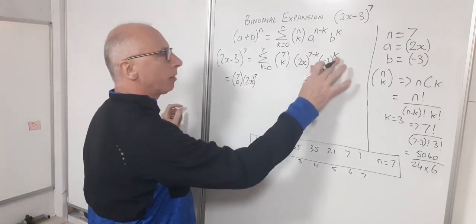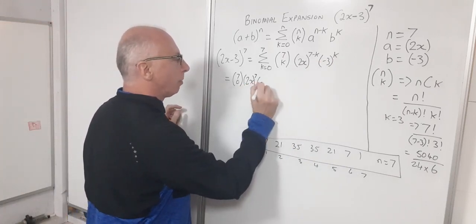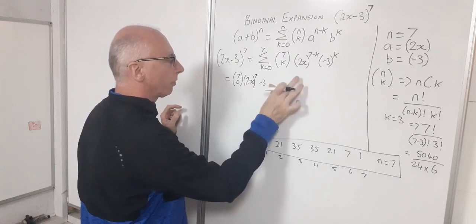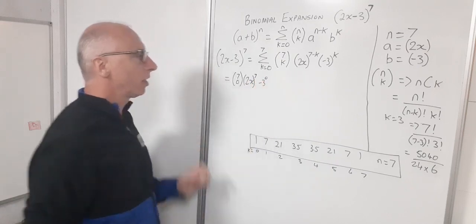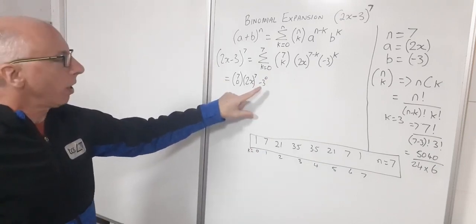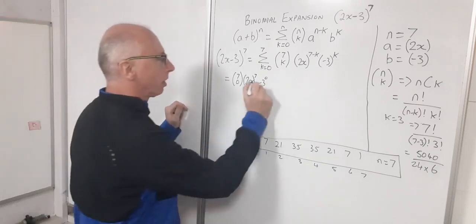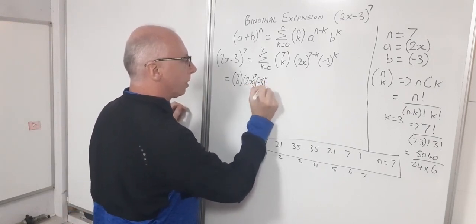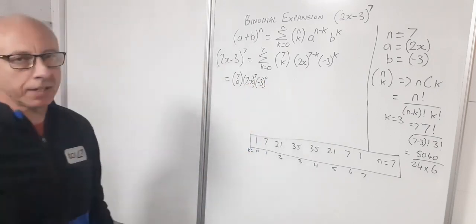And the same here, minus 3 to the k. I put that in a bracket, because if I didn't, for k equals 0, minus 3 to the 0 could be construed as minus 1. I just want minus 3 to the 0. That takes care of that.